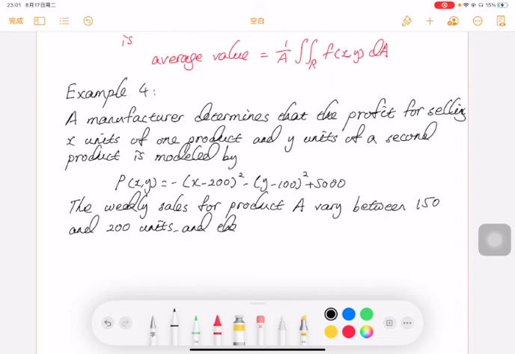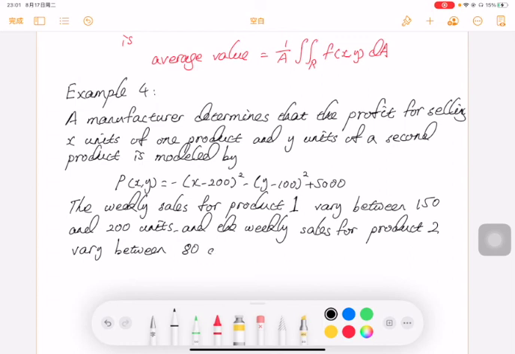And the weekly sales for product 2 vary between 80 and 100 units. Estimate the average profit.